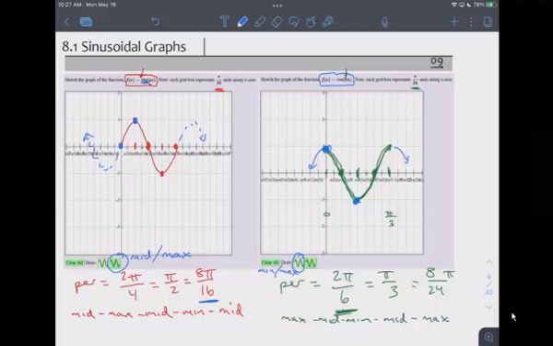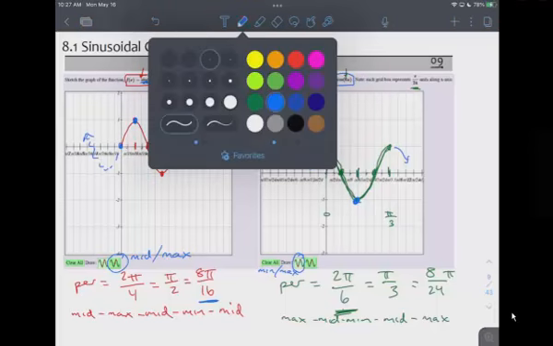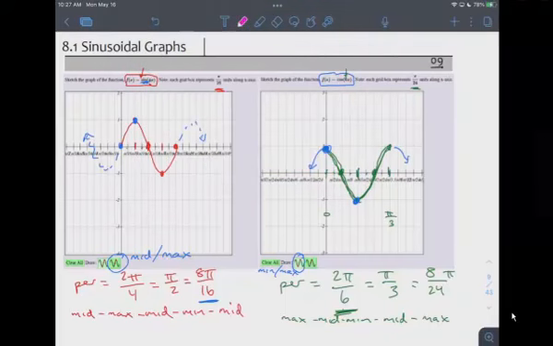Now, what if you took this first graph right here on the left, and let's say you chose the cosine button? If you chose the cosine button and you plotted maximum and minimum, it would fill in this exact same graph.